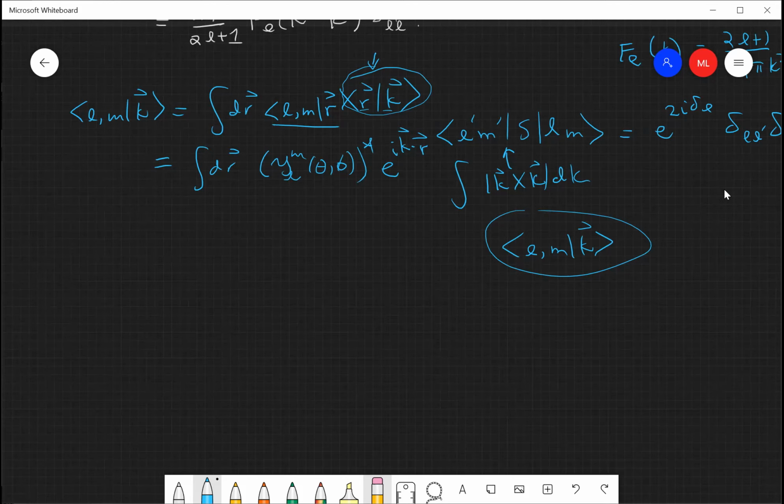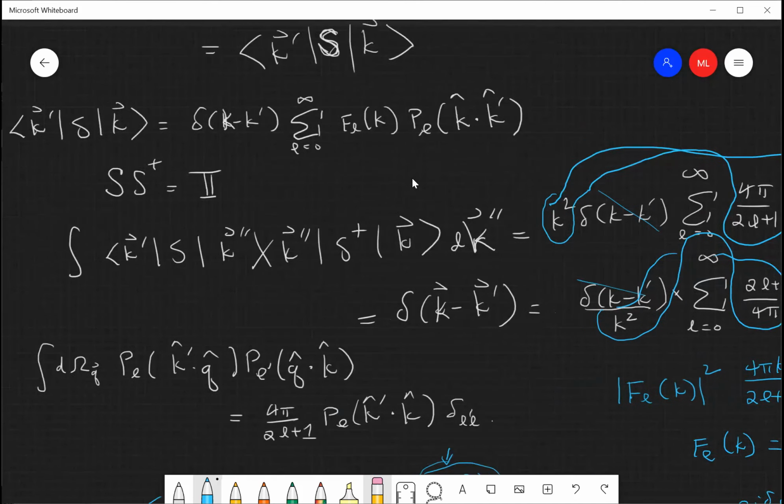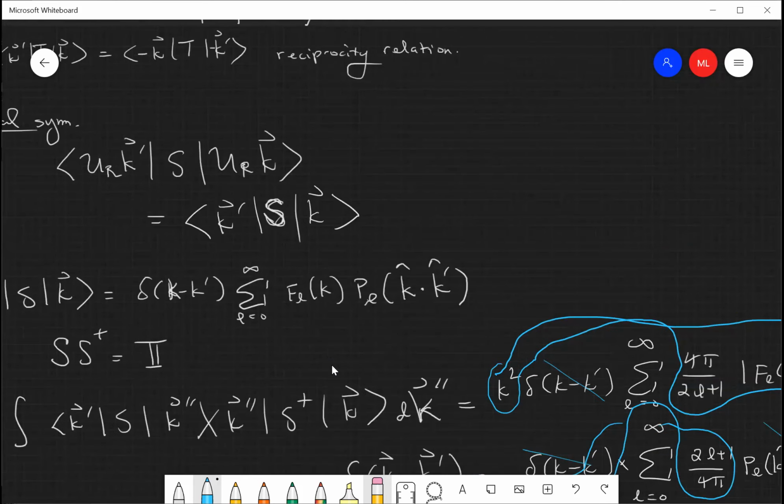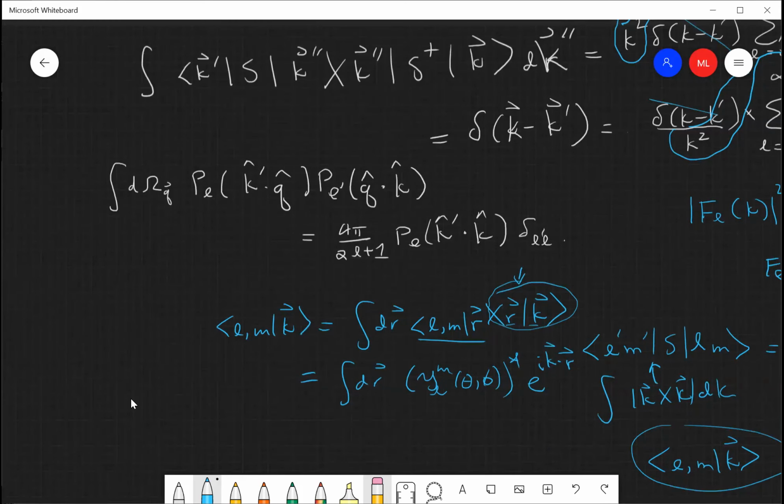Sometimes you want to look at the partial wave basis, that's the angular momentum basis. Sometimes you don't. Sometimes you want to keep things in momentum space, so it sort of depends on the problem.